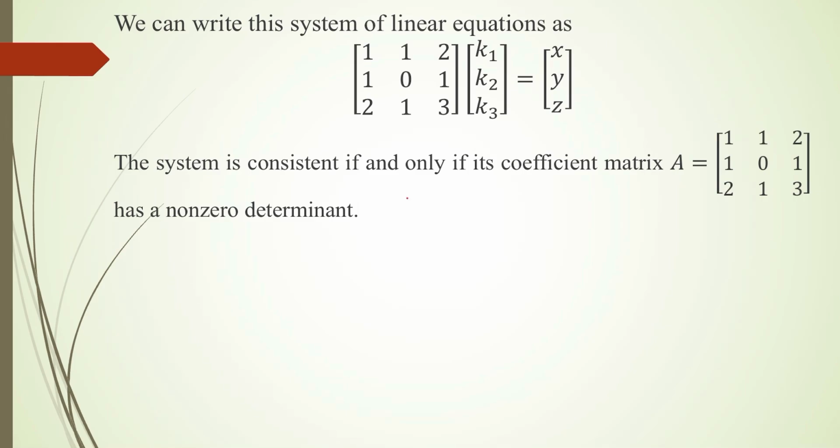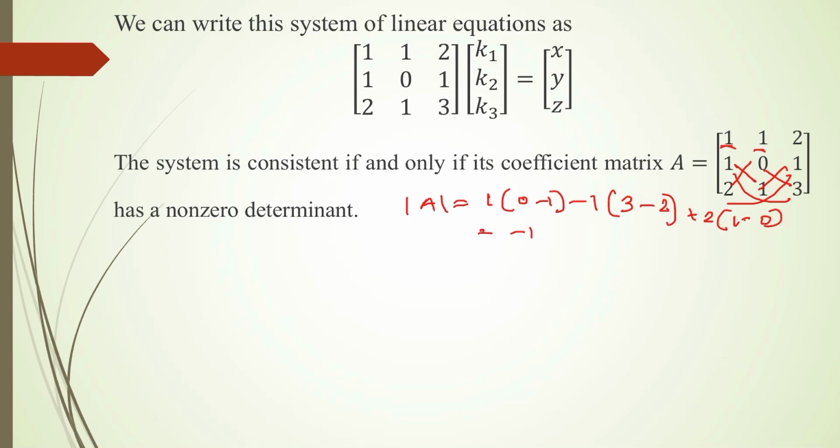To find the determinant of A, we will have 1 times (0 minus 1), minus 1 times (3 minus 2), then plus 2 times (1 minus 0), which is equal to minus 1 minus 1 plus 2, which is 0.